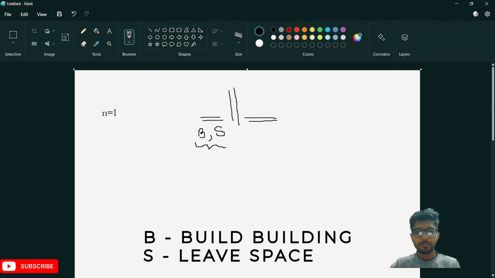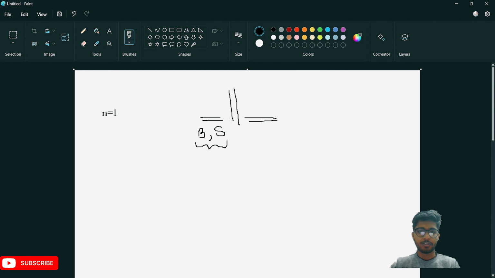So there are two possibilities for one side of the road, and for the other side also the same combination will be there. That is, we can build the building or we can keep a space over there. So the total number of ways to construct building on either side of the road is 2 to the power 2, that is 4.